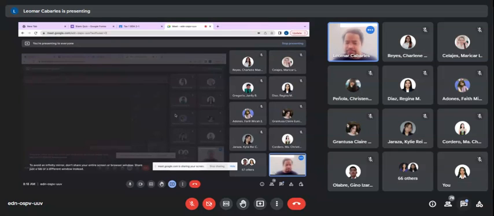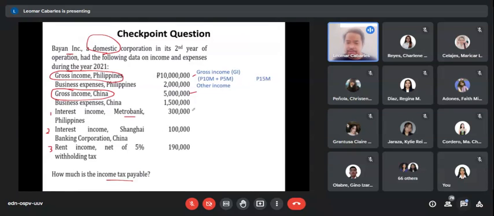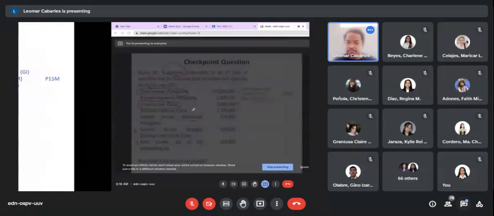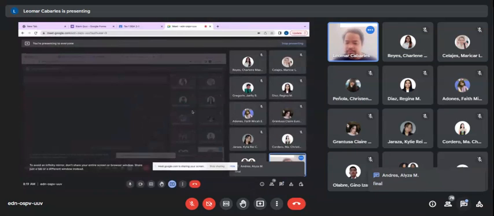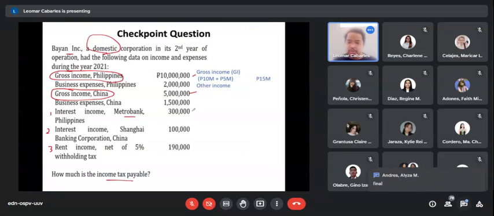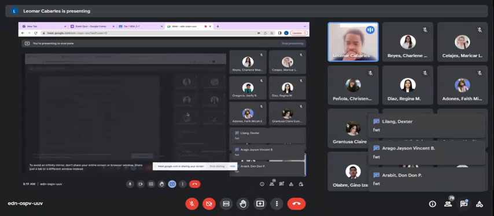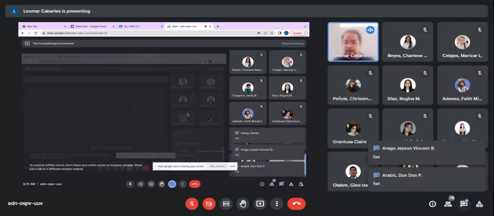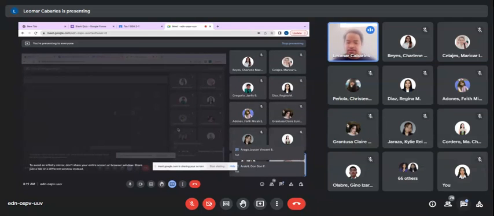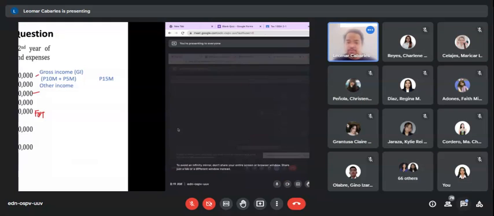What do you think? It's from deposit, no? Passive income yan. What's the taxation for the 300,000? So this is subject to final withholding tax. And remember, pag na-final withholding tax na yan, you don't anymore include that in your ITR. Or you have to ignore na this one. No? Okay?